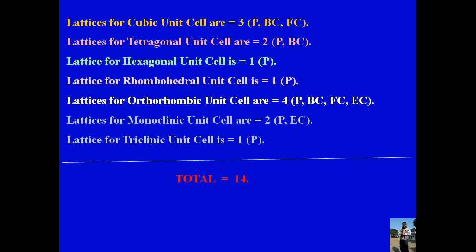For the hexagonal unit cell, 1: P. For the rhombohedral unit cell, 1: P. For orthorhombic unit cells, 4: P, BC, FC, EC. For monoclinic unit cells, 2: P, EC. For the triclinic unit cell, 1: P. The total number of Bravais lattices is thus 14.